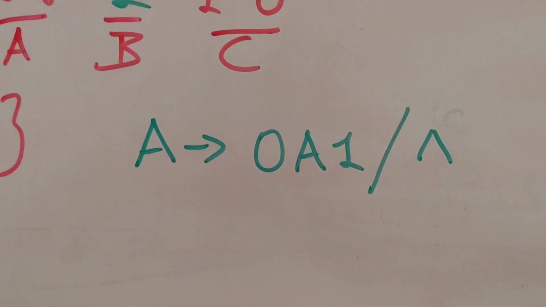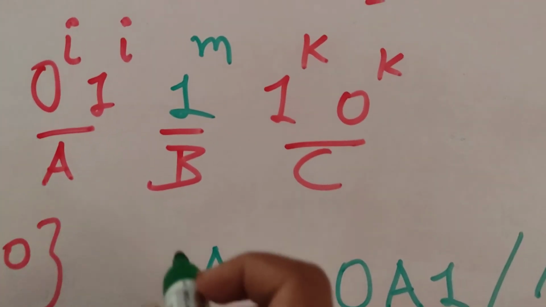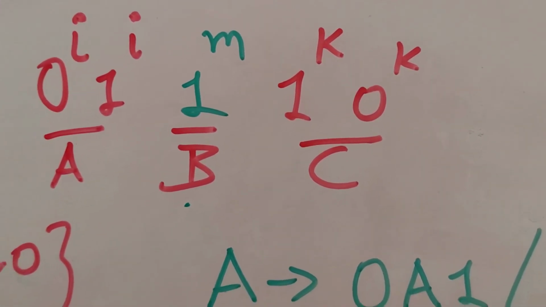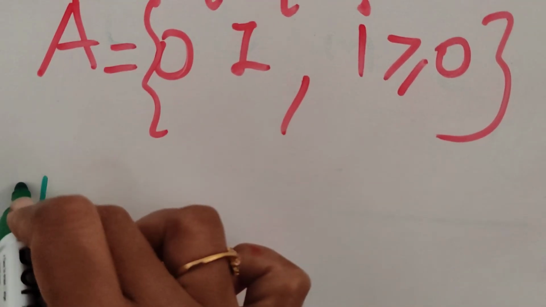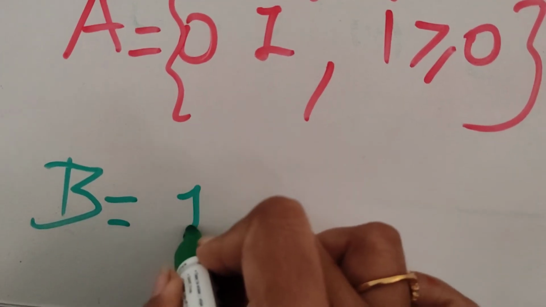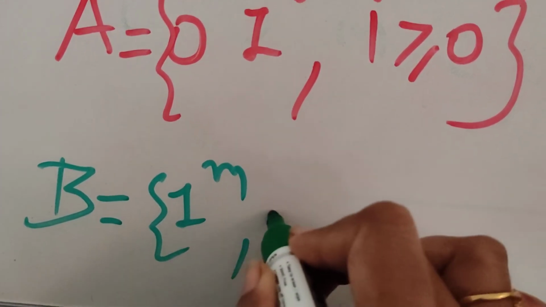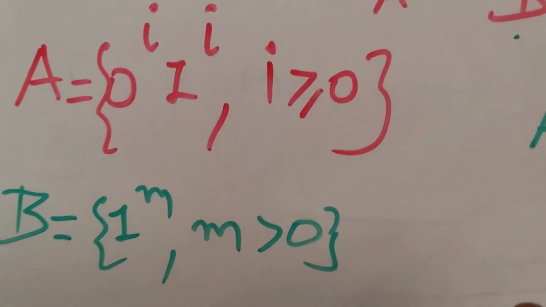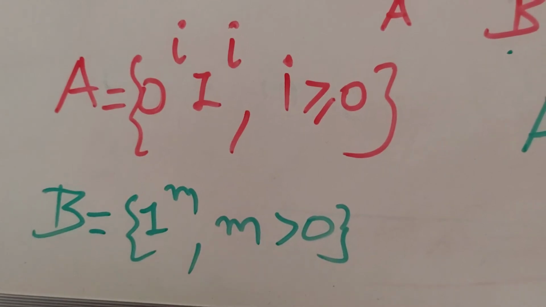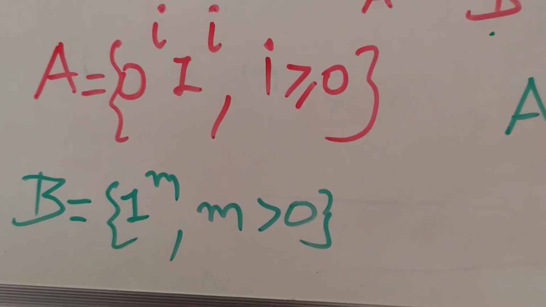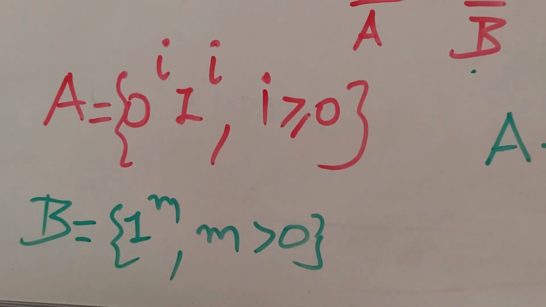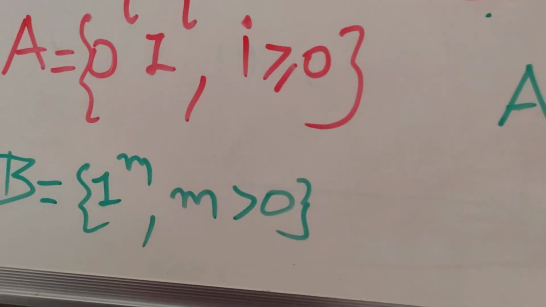Now the next turn is B. For B, 1 raised to m, where m is greater than 0. As we already told in the starting, B is 1 raised to m, where we'll have to make it greater than 0. So 1 is going to occur for sure.